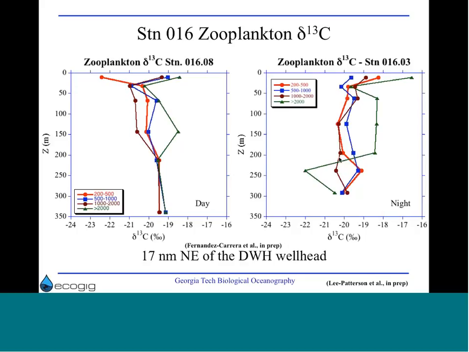So what has to be happening is that animals are migrating vertically, and the small animals that are migrating vertically from this depth horizon between 25 and 200 meters are isotopically heavy, have a higher delta C13 than the ones that remain behind. So the non-migrating animals have a lower delta C13 than the migrators throughout this upper part of the water column.